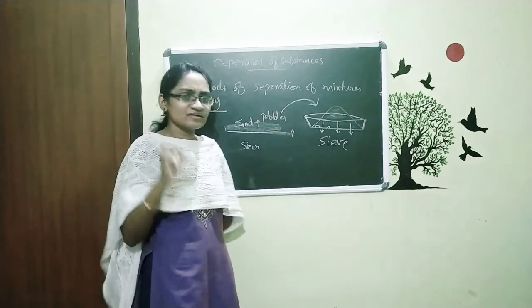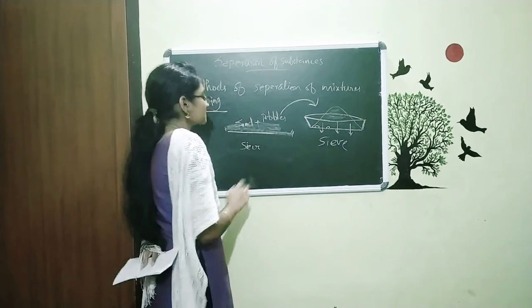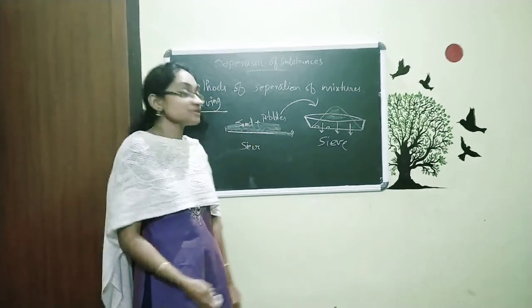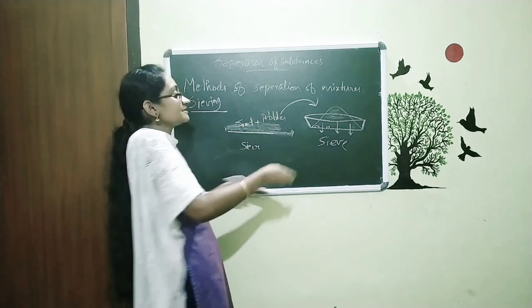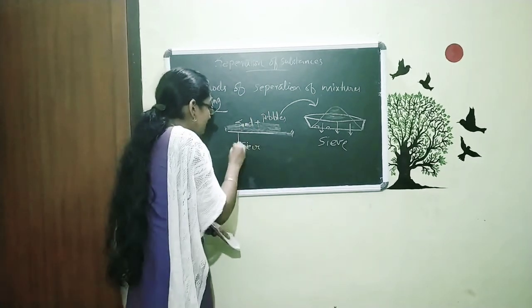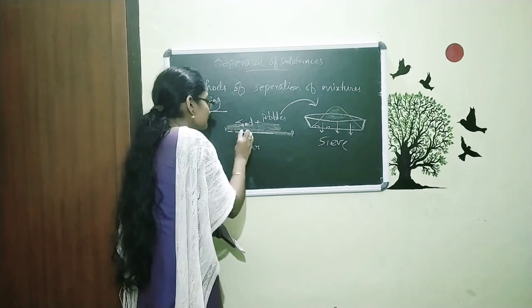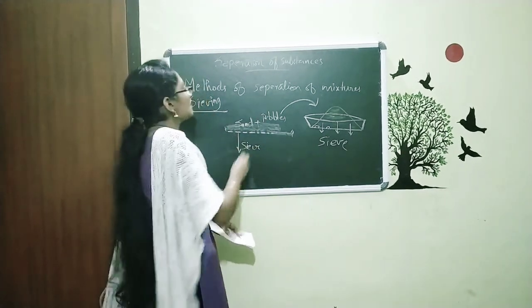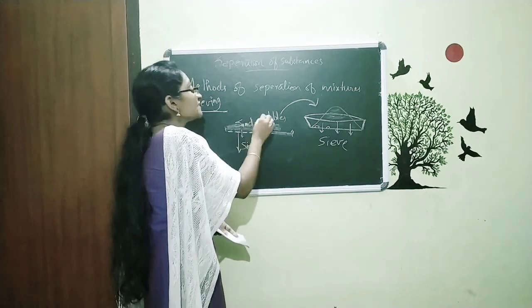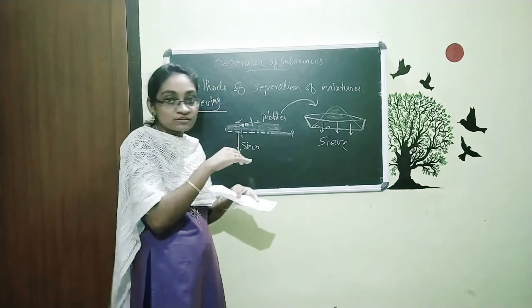Pebbles means the round shaped stones. So this sand has a number of stones, and how do we separate them using a sieve? We put the sand and pebbles in this, and the sand will come out through the holes. We know there are a number of tiny holes in the sieve, and the sand will come out, but the pebbles will be left on the sieve.